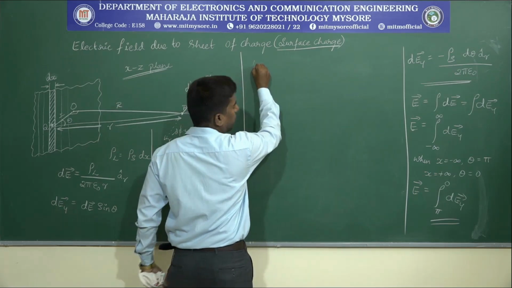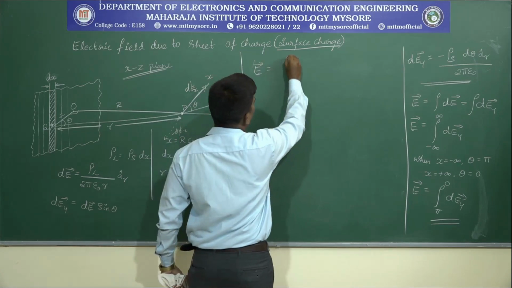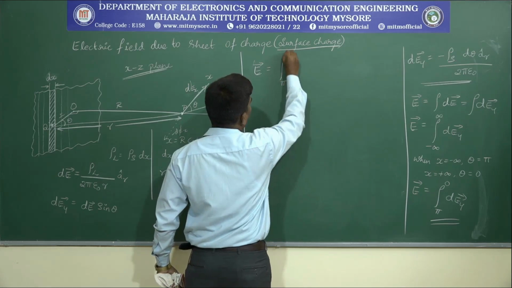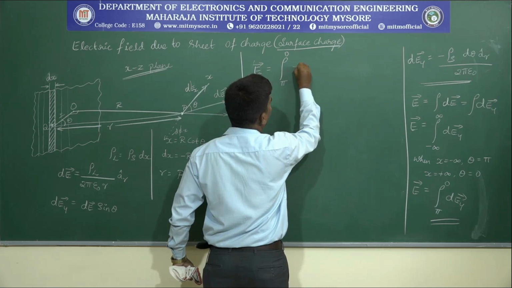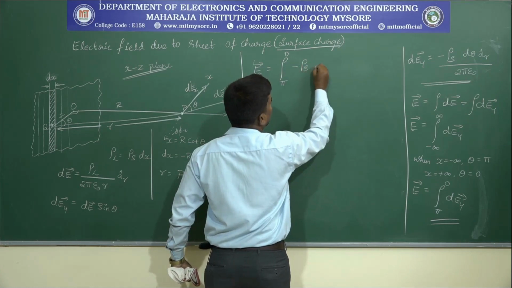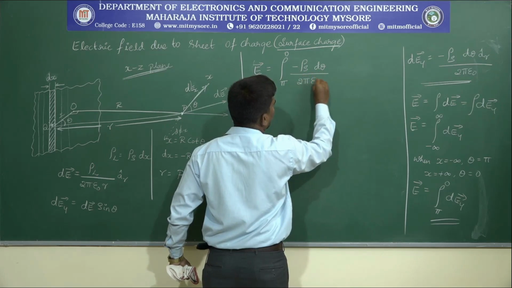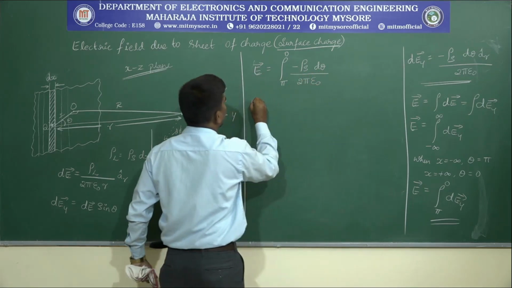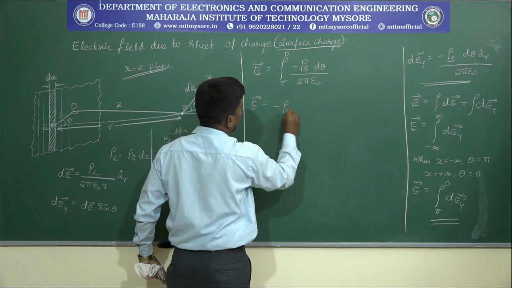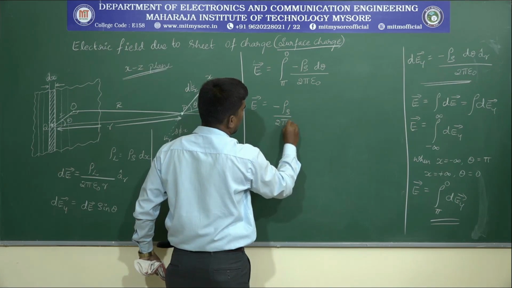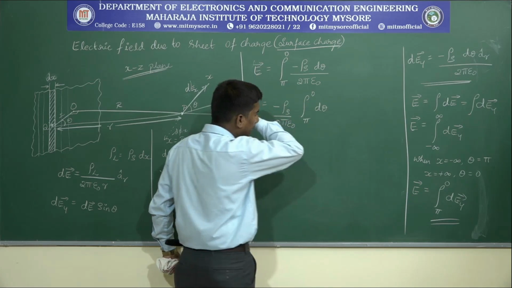Therefore the total electric field intensity E is equal to integration from pi to 0. What is dEy? dEy is equal to minus rho s into d theta divided by 2 pi epsilon naught. So E is equal to minus rho s divided by 2 pi epsilon naught, integration from pi to 0 of d theta.